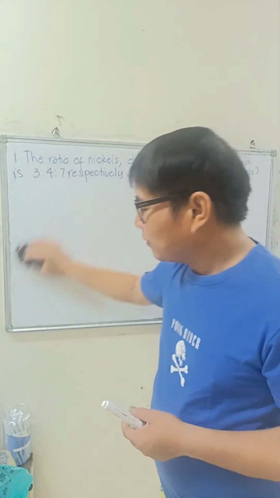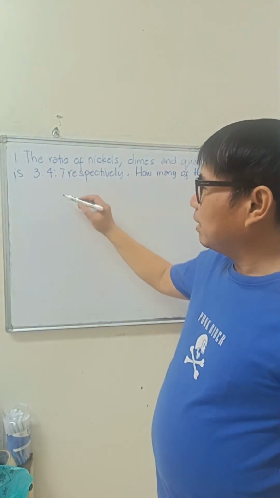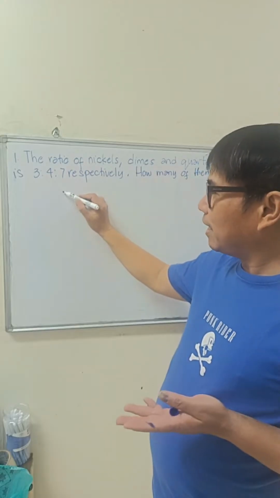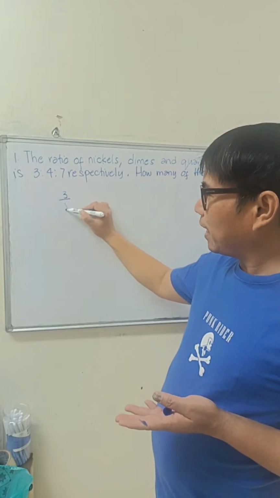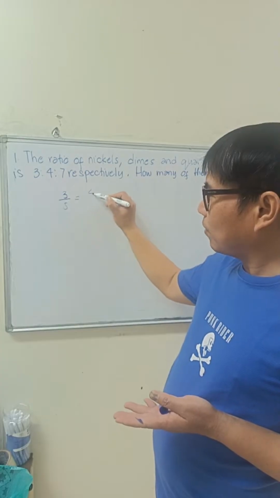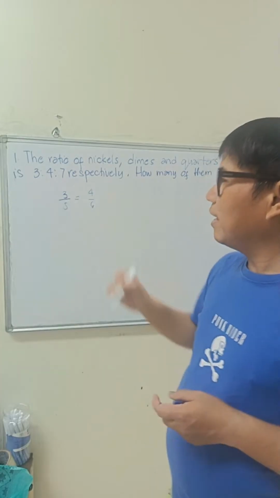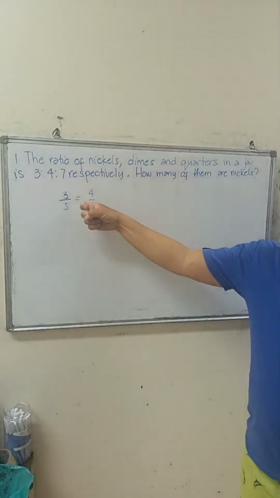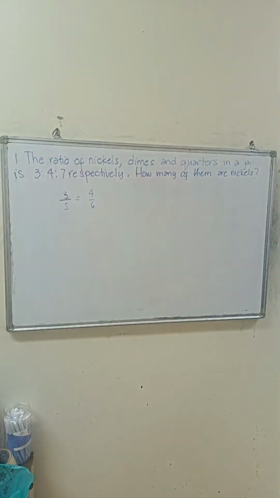Now if you say proportion, that would mean you have a set of fractions. On the left, 3/5 is equal to 4/6. So you need to make these fractions equal. That's why we have the equal symbol between the left side and the right side, meaning they are proportional with each other.